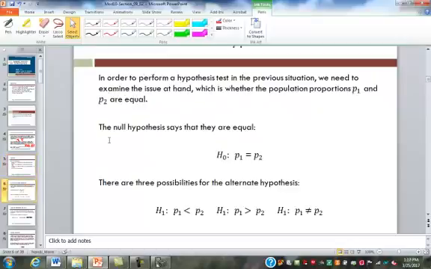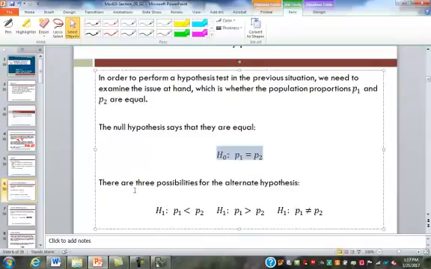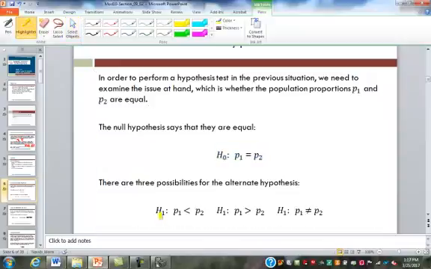So we need to examine the issue at hand and make sure it meets our qualifications. First, let's make our hypotheses. As I said, P1 equals P2 is the null hypothesis. There are three alternatives for the alternative hypothesis. And notice we said that P1 is smaller than P2 because they're saying that P2, the 2008, is bigger than 2002.